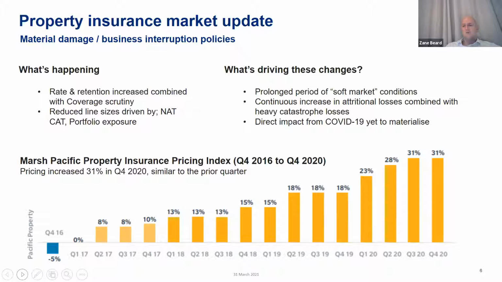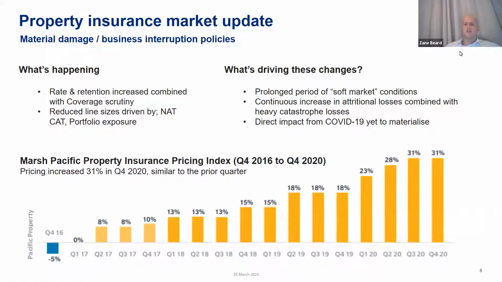This is really coming off what, prior to 2017, we'd call soft market conditions, a long period of flat or decreasing premiums. That premium pool has been significantly eroded by heavy catastrophe losses and attritional losses.